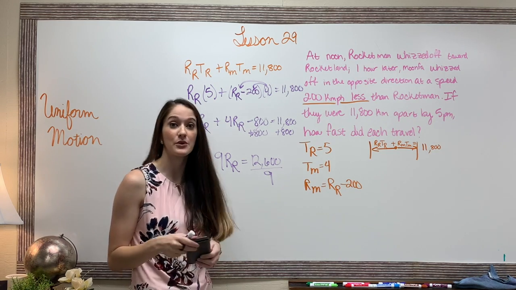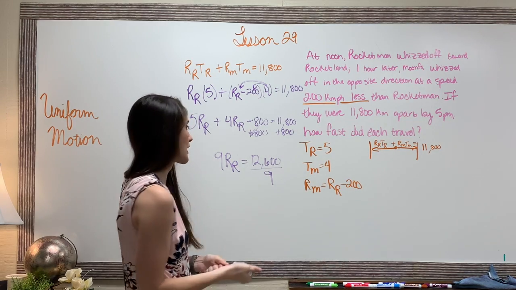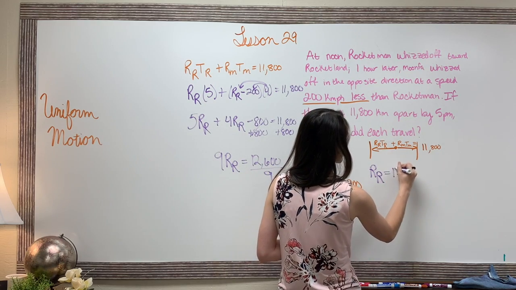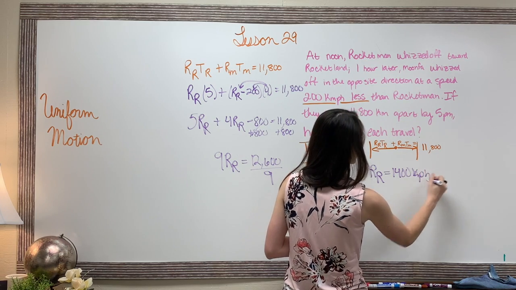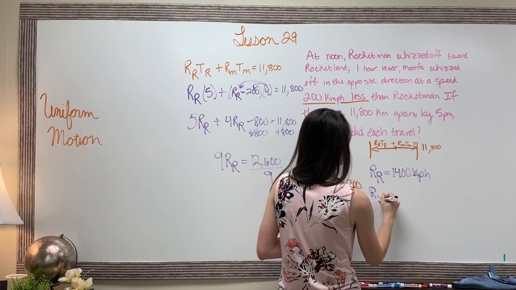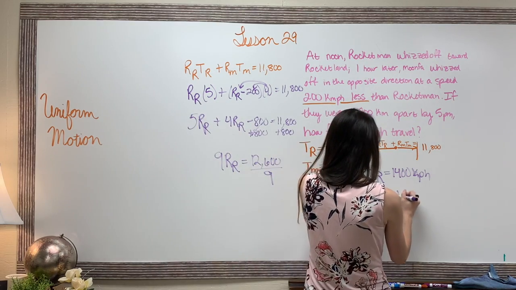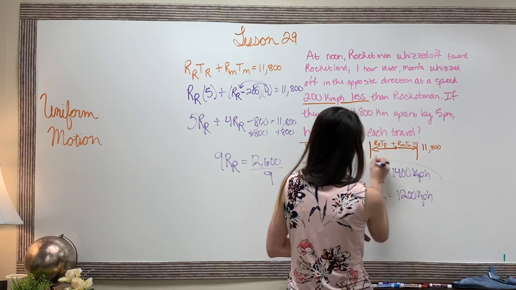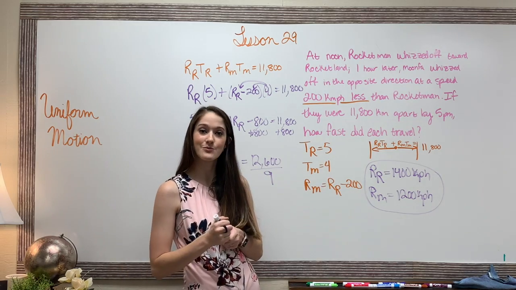And our rate is going to be 1,400, and then we can't forget our unit of measurement, kilometers per hour. So the rate of Rocket Man is 1,400 kph, and that means that the rate of Moonfa is 200 less than, so it's going to be 1,200 kph. All right, and so we found both rates, which is what they wanted, so we're done.